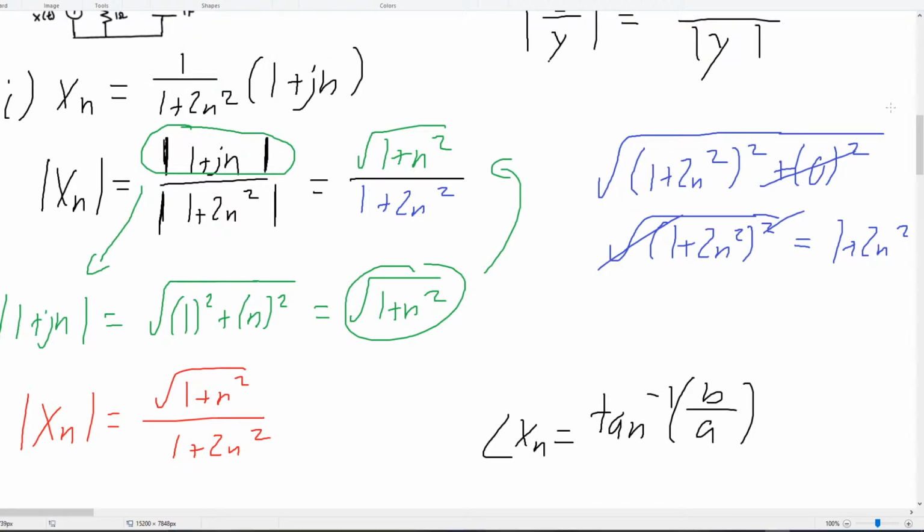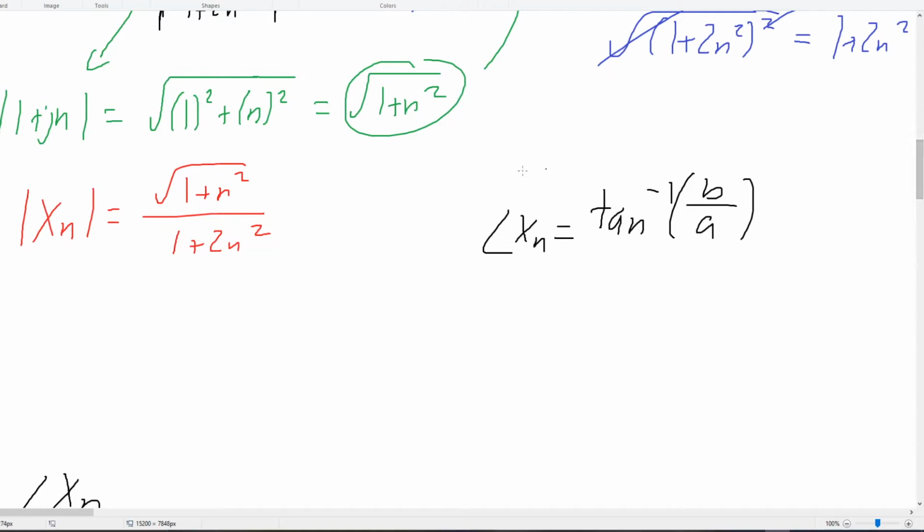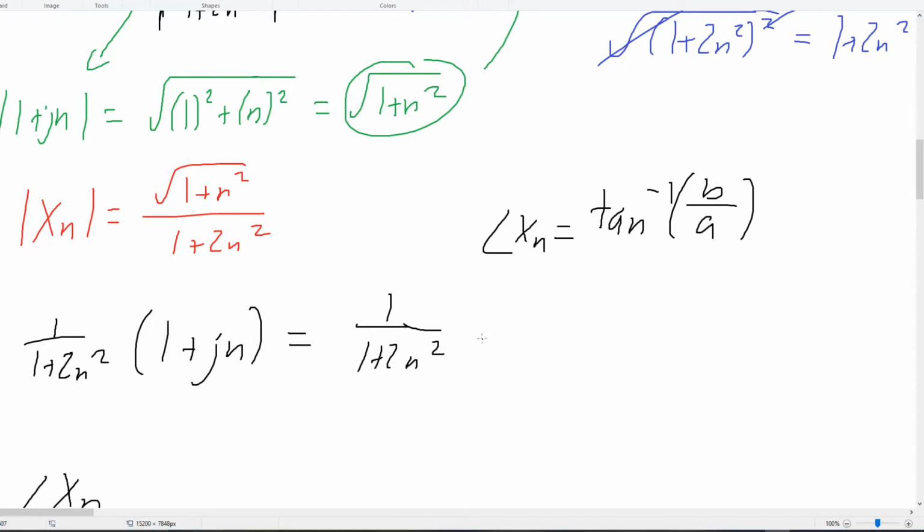Okay. So let's do 1 over 1 plus 2n squared times 1 plus jn. So that's equal to 1 over 1 plus 2n squared plus jn over 1 plus 2n squared. Okay, so that's what you get.